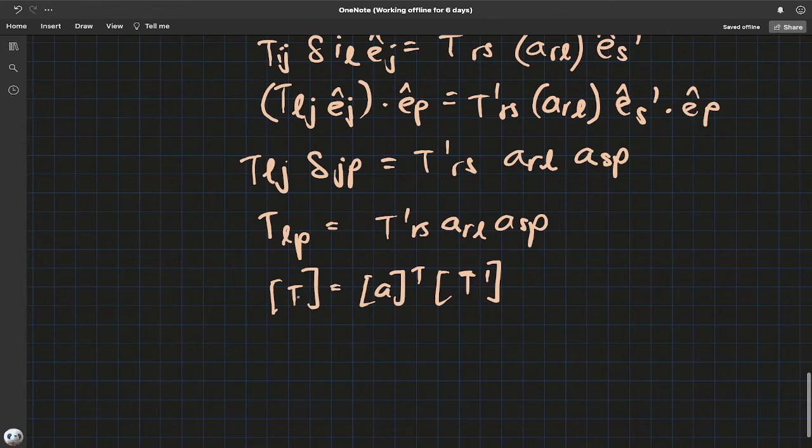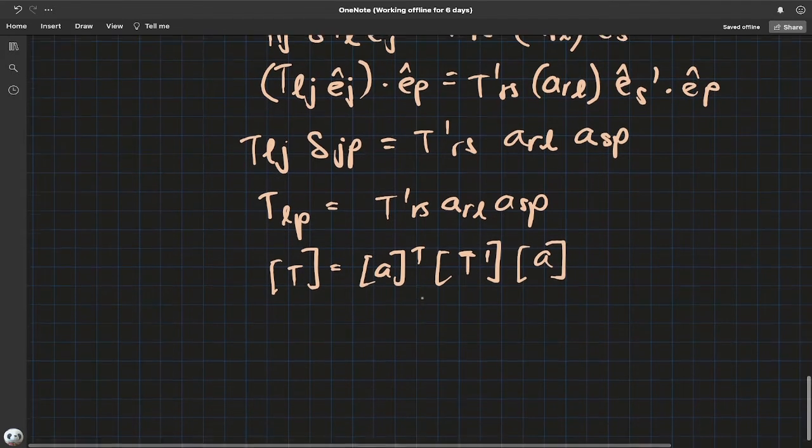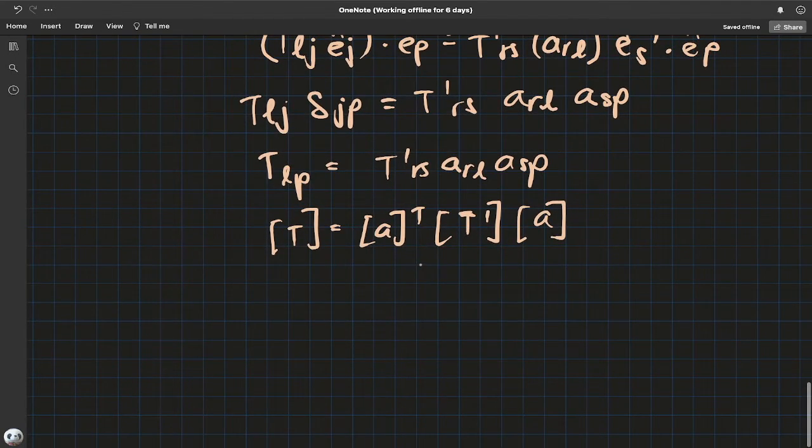Each element of this matrix is the component in the unprimed system. A is the constant transformation matrix between the two systems. This is what this looks like. And if you remember, this is just like the formula for writing a matrix in a different basis.